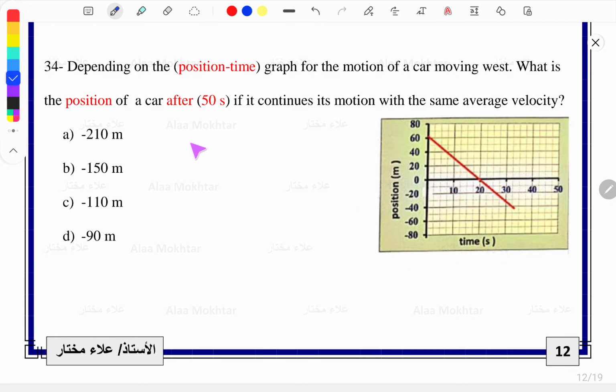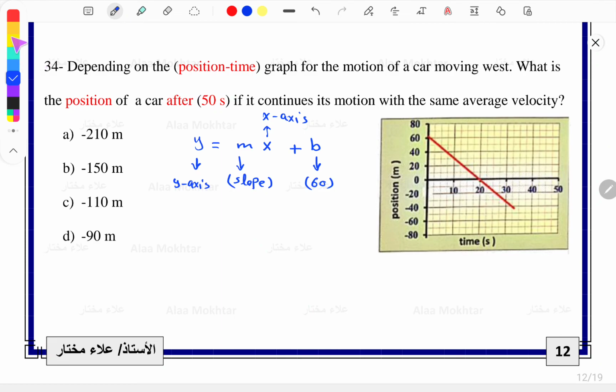There is an equation for the straight line, y equals mx plus b. M is the slope, b is the intercept point, the first point on the y-axis, y is the y-axis, x is the x-axis.